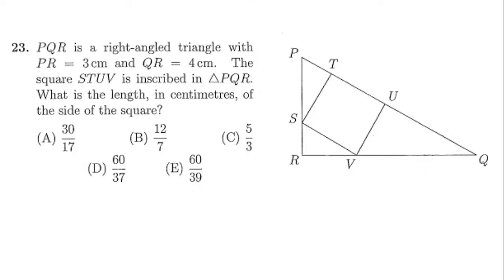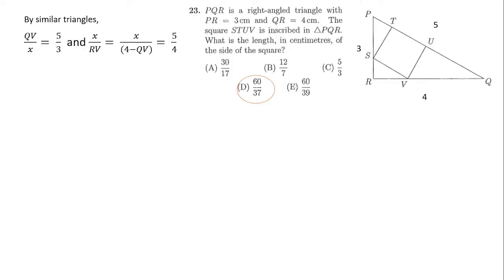Question 23. We have a right-angled triangle with PR equals 3 and QR equals 4. Then we have a square inscribed in it, and we need to find the length of this side of the square. By similar triangles, QV on x equals 5 on 3, and x on RV, which is x on 4 minus QV, equals 5 on 4.